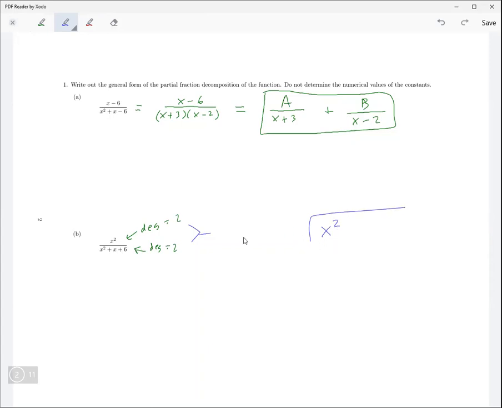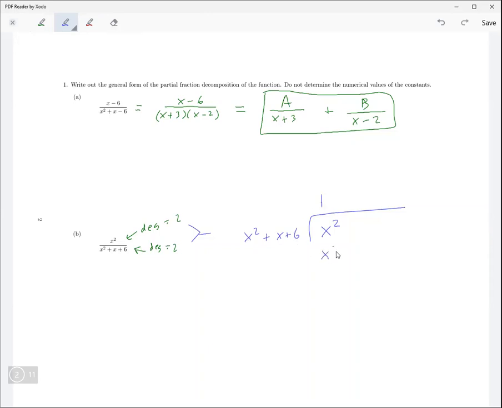This is the numerator and this is the denominator. So you're taking this and dividing by this. What times x squared is x squared? And the answer is 1.